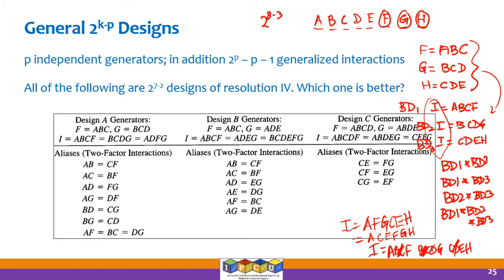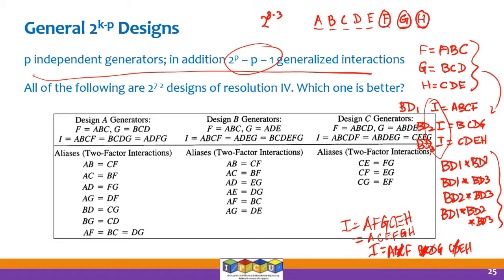So here 2 to the power of 3 is 8, minus 3 minus 1, you have these 4 generalized interactions that you can get out of the P basic design generators. All right, so this is how this statement comes into play. We can formally show that you will have 2 to the power of P minus 1 generalized interactions.